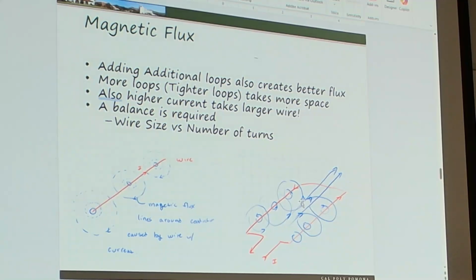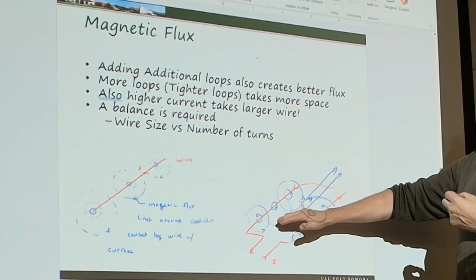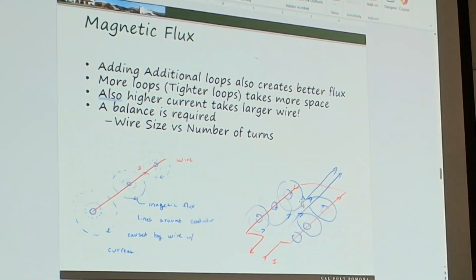But in addition, the more loops we're going to have, the tighter that spacing is going to be right here. Also, a higher current takes a larger wire. Why? Because, and this is where I was prefacing that power dissipation problem, if I have a little wire, I can't have a lot of current through that wire, can I?